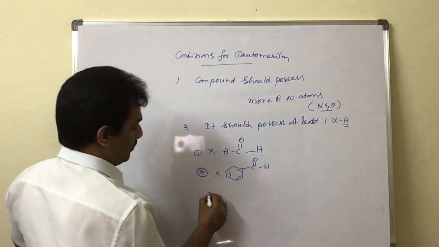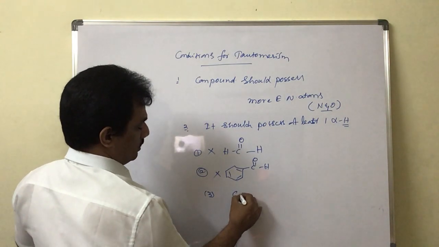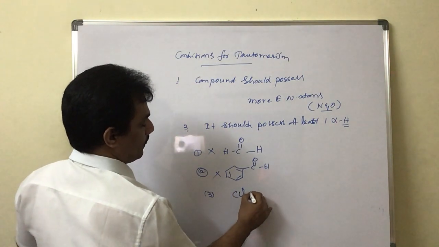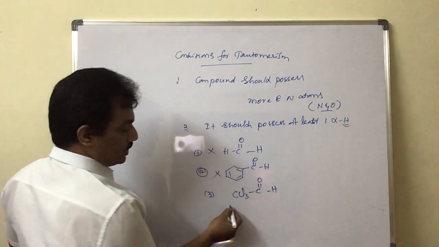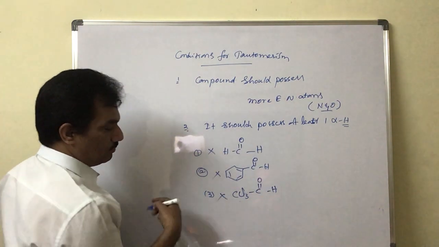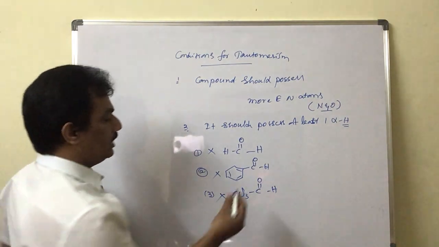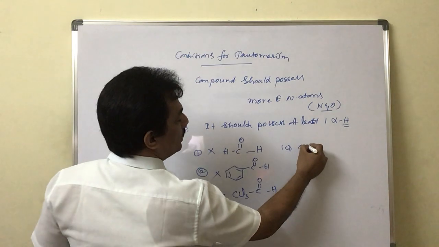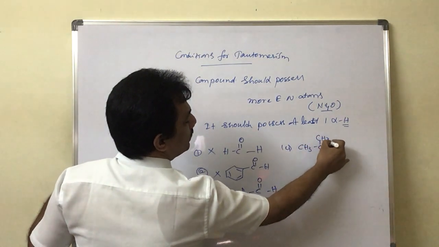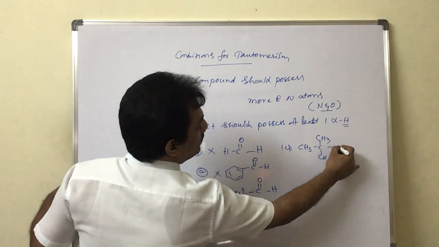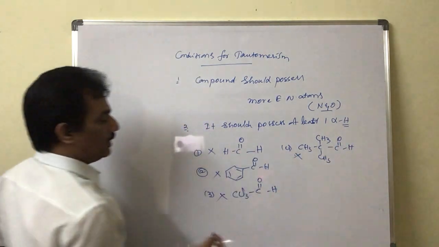And in the case of CCl3CHO, chloral, which is trichloroacetaldehyde, there is no alpha hydrogen, hence it does not exhibit tautomerism. And if it is like this, (CH3)3C-CHO, here also there is no alpha hydrogen.